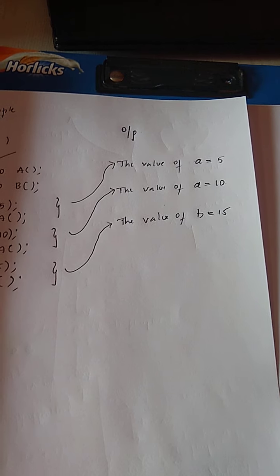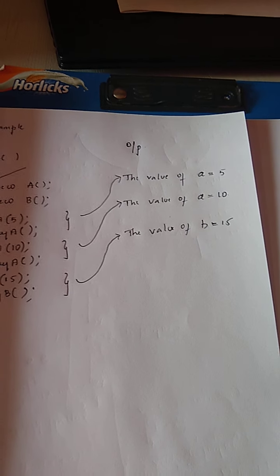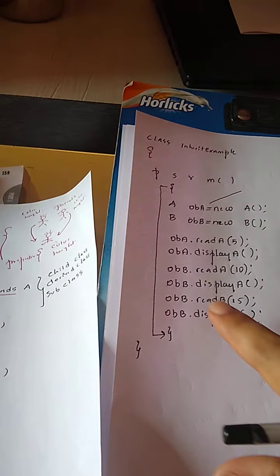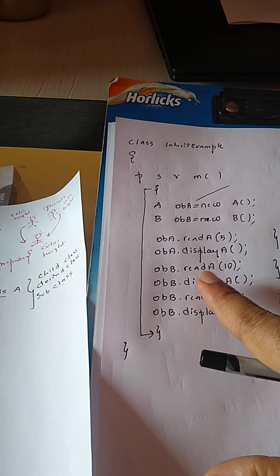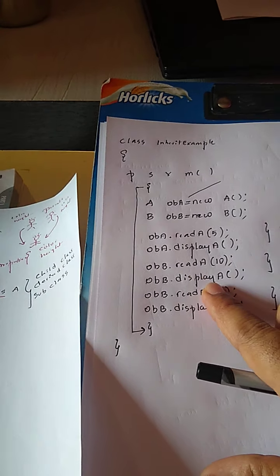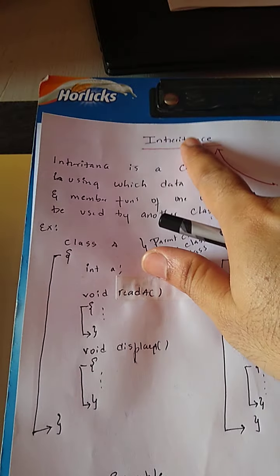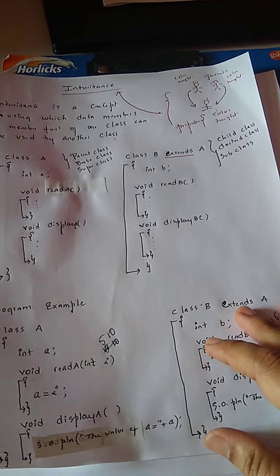So why was all this possible? Because of the concept called inheritance. B is of type class B, even then I can call member functions of class A, because of inheritance. Just copy this program.